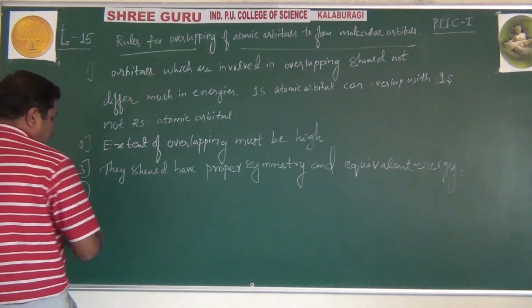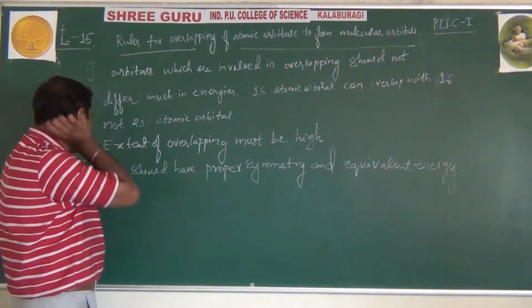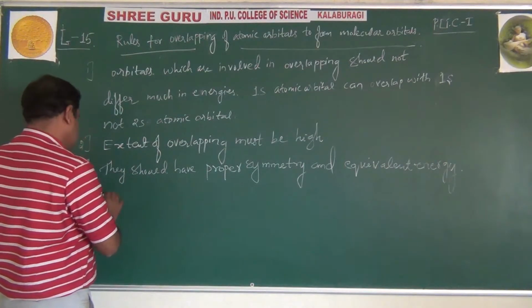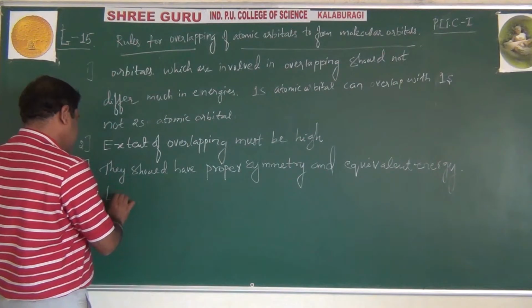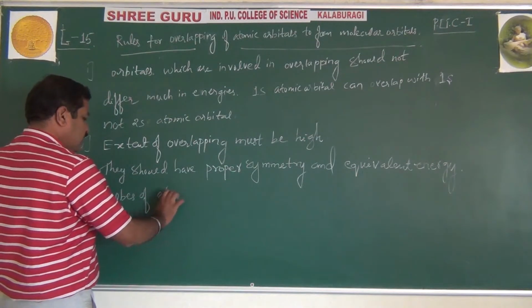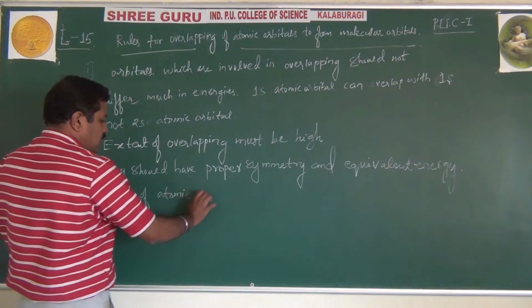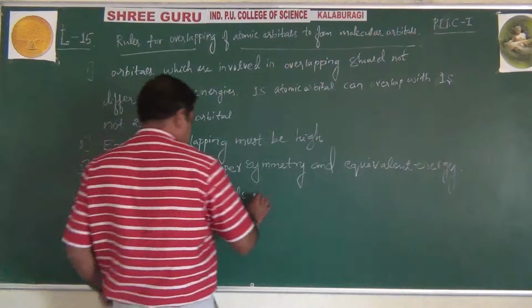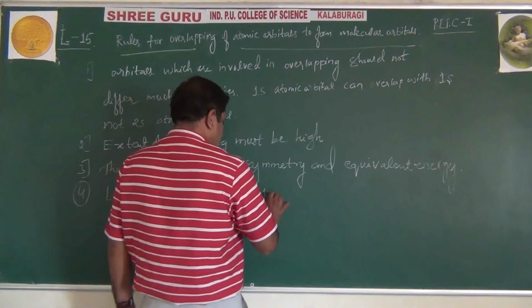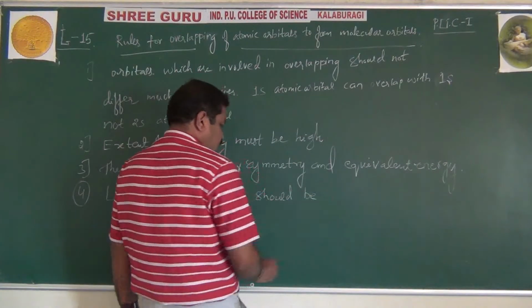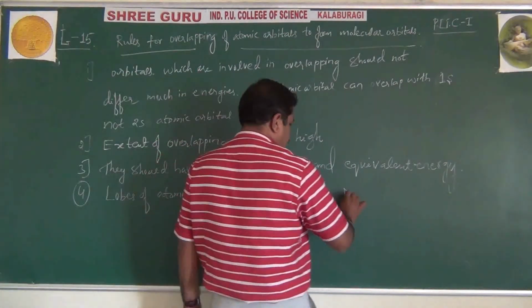Then the fourth one: very, very important, the lobes of atomic orbitals should be in proper orientation.